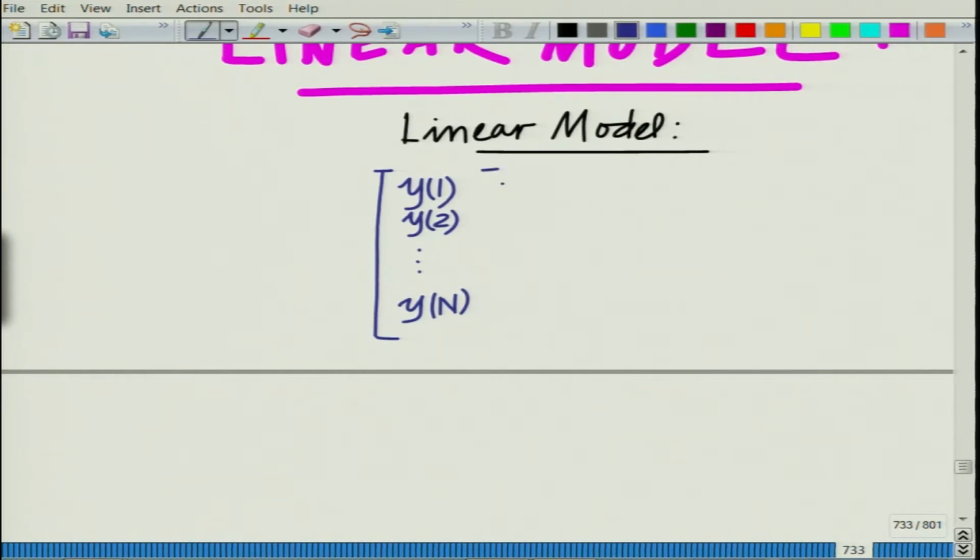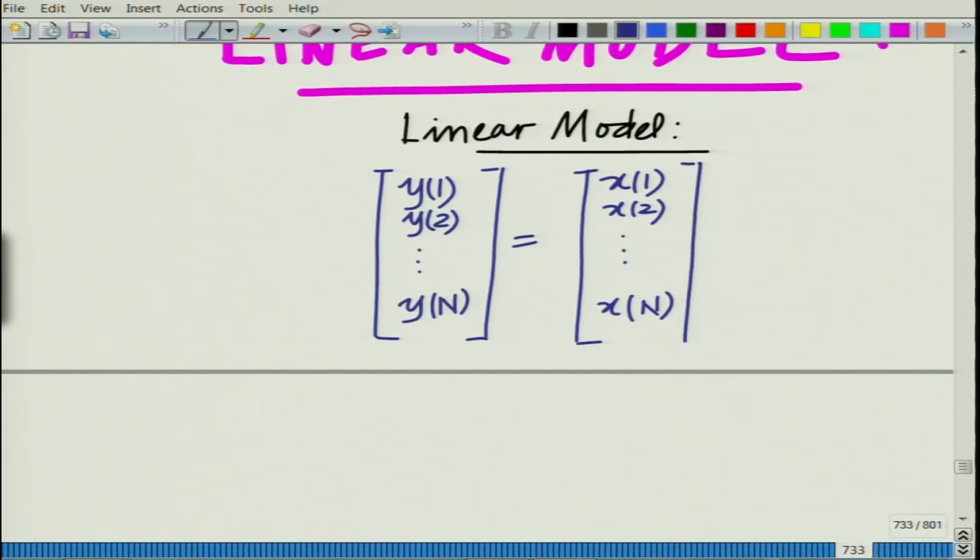This is our vector of observations. This is our training data. You have x1, x2, so you can think of this as our training set. So these are the training data, and this is the parameter h that we would like to learn.